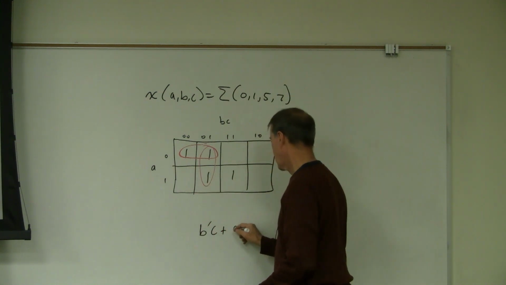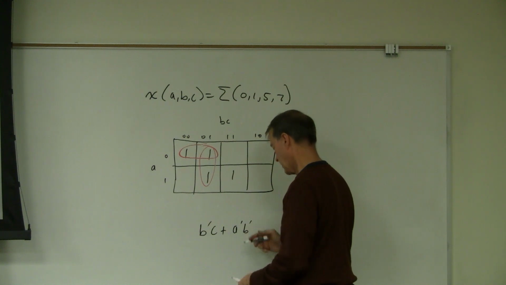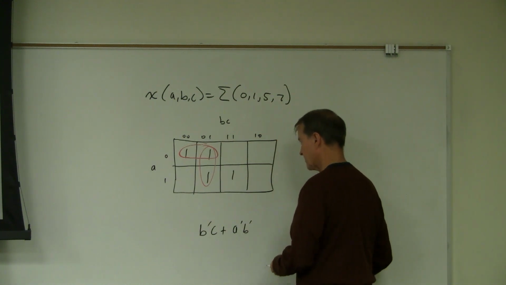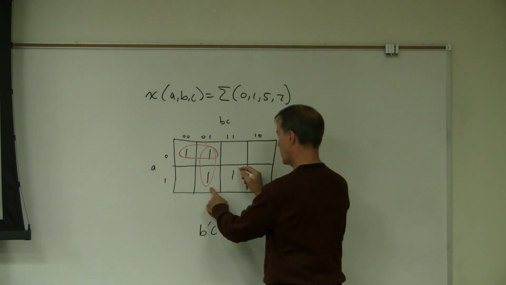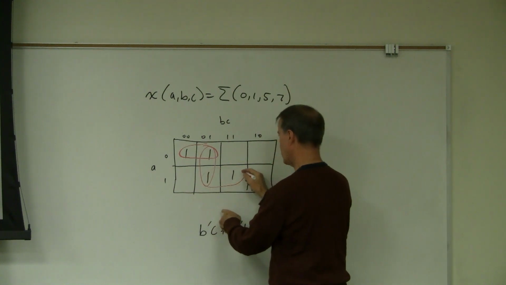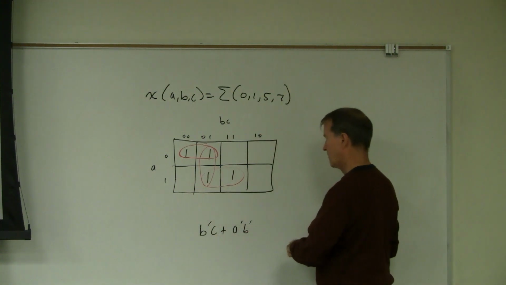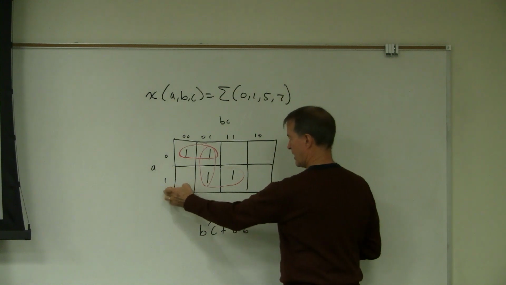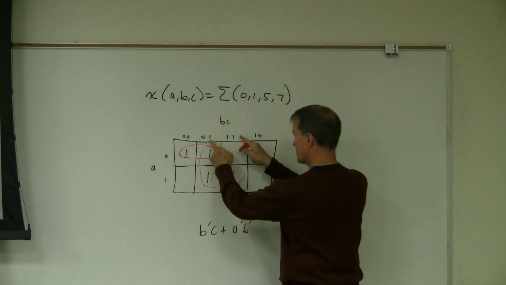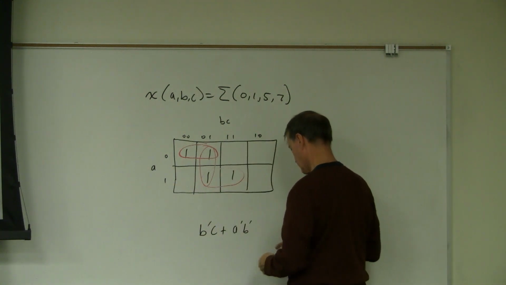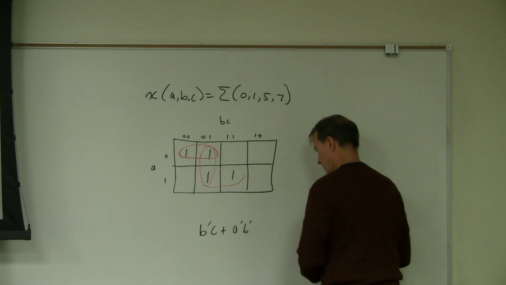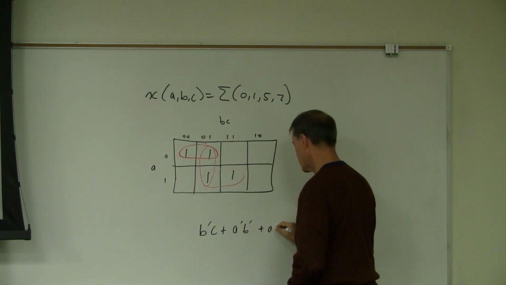A prime, B prime. And then we could cover what? The third one, and what would that be? That's the A row, and it's when C is 1. So this would be AC.